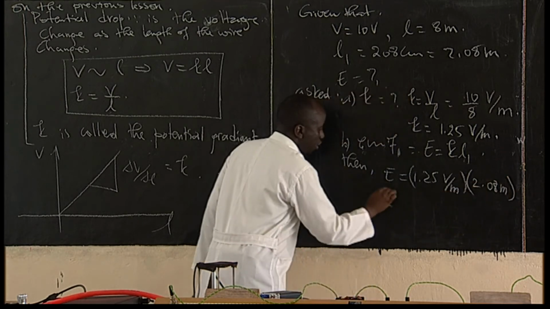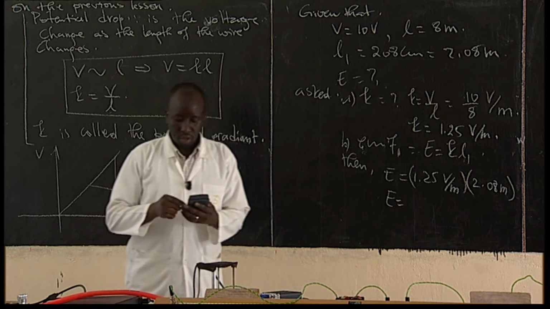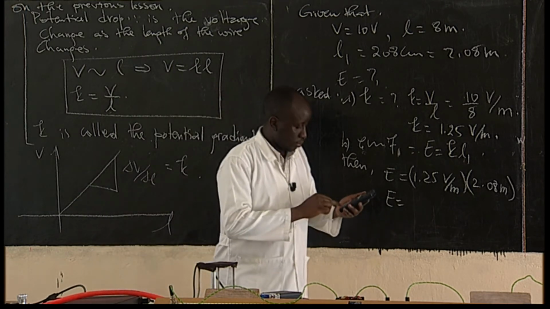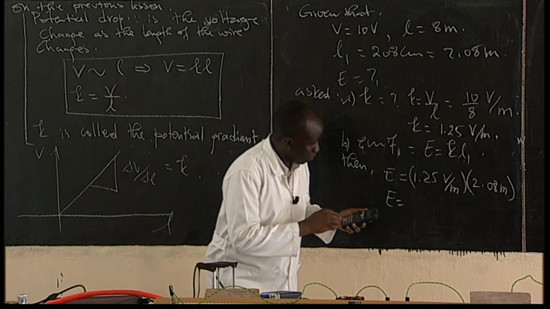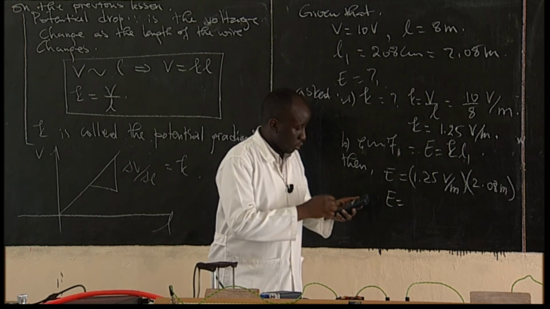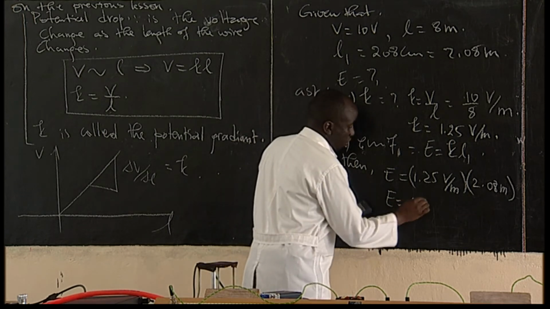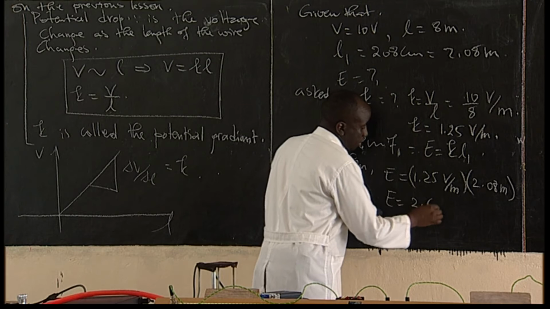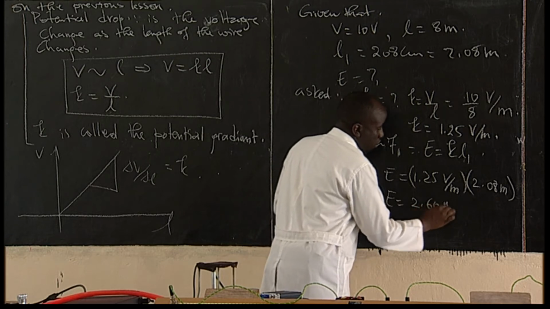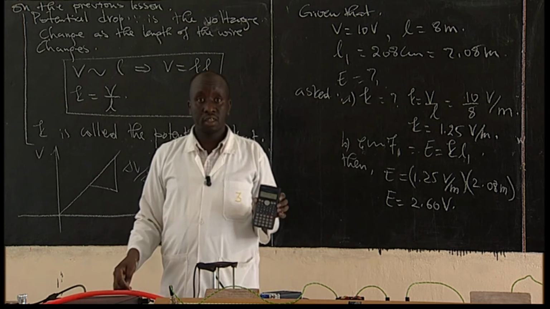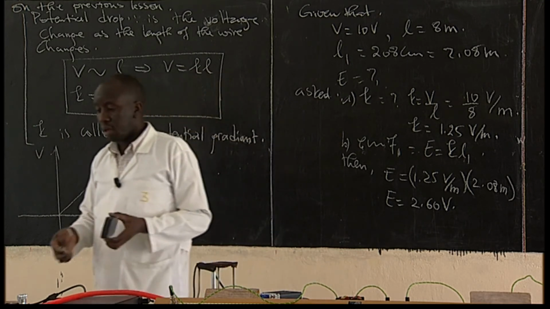And then this E here will be equal to, so let's calculate that. So this is times 2.08. What did you find? So me, I've calculated 2.6 volts. Is it the same as what you have calculated? Good. So it means that, yeah, correct.